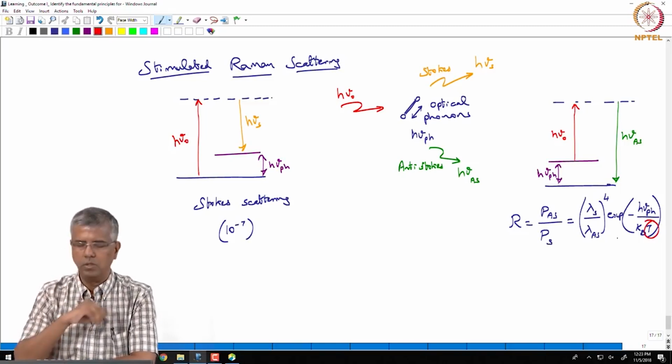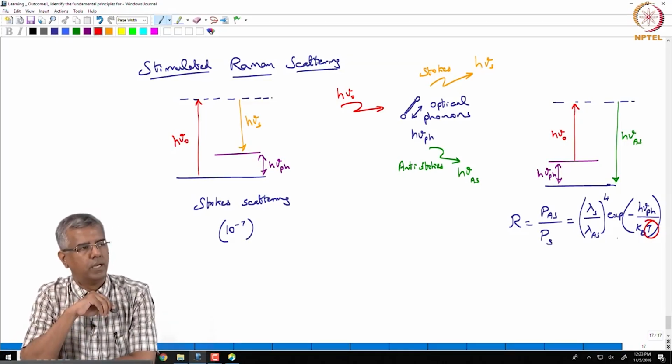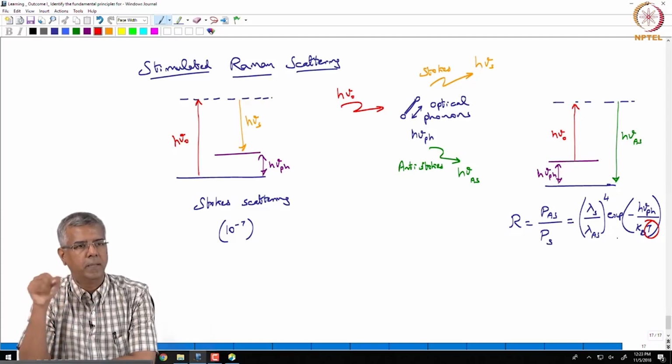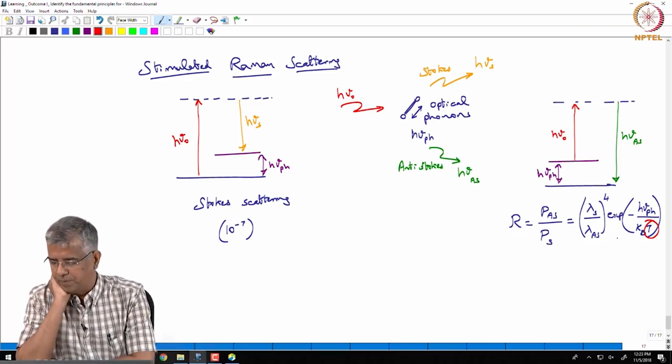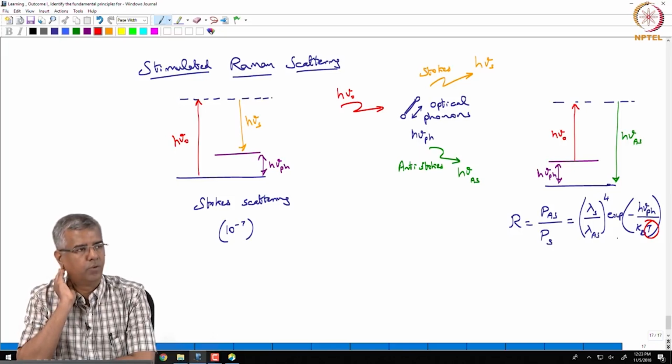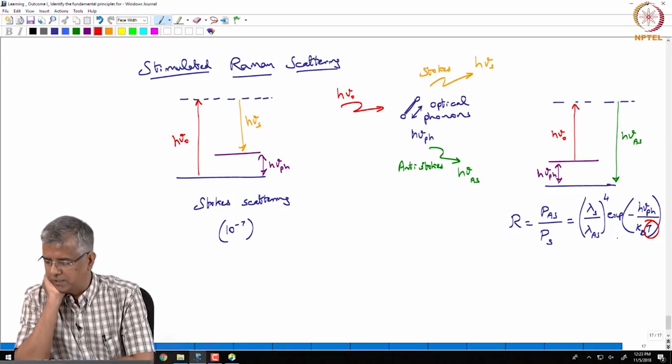So it gives you an opportunity to measure the temperature of that material by observing this. That way, Raman scattering is a very nice tool for temperature sensing applications.